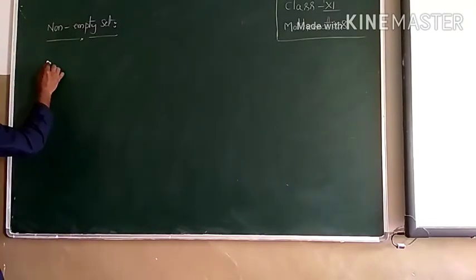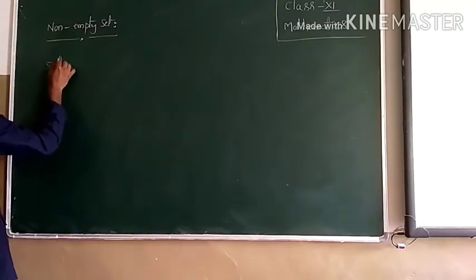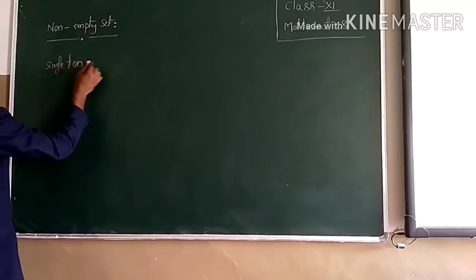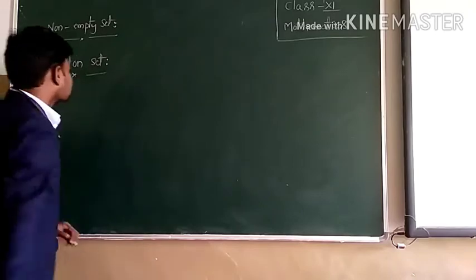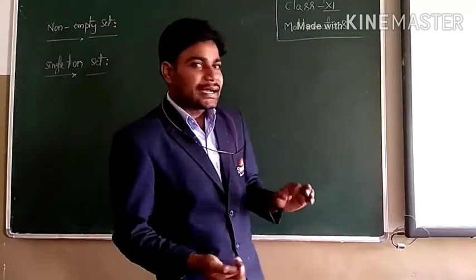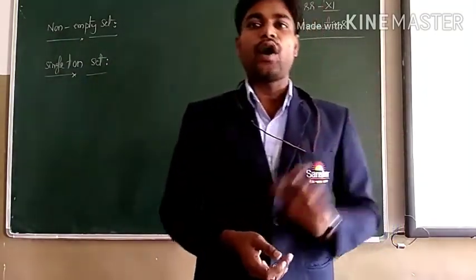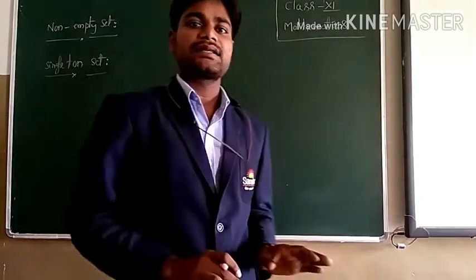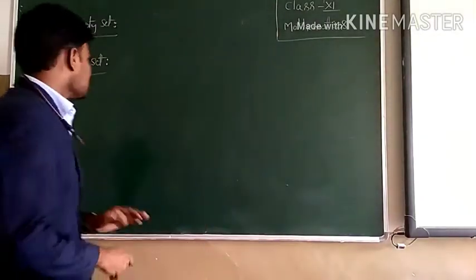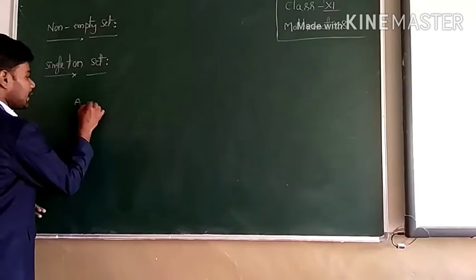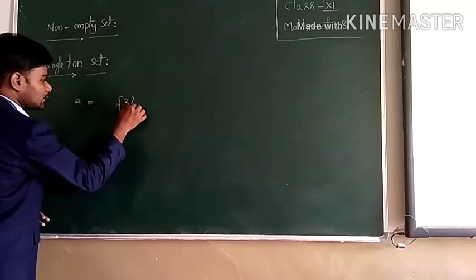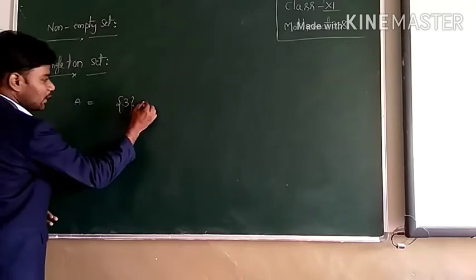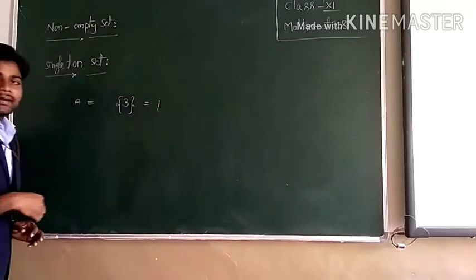Next one is singleton set. A singleton set is a set that has only one element. Then this set is called a singleton set. Suppose the set A has element 3. How many elements does it have? Only 1.